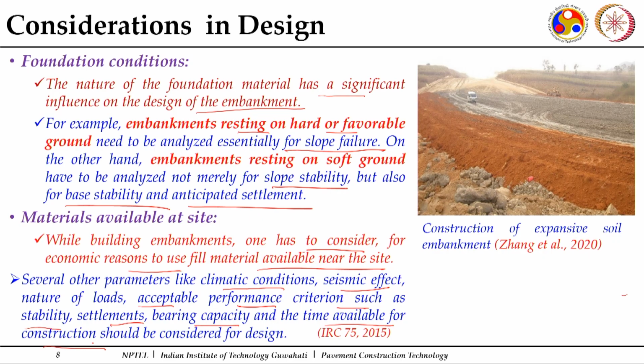Many times you don't get much time, because there are certain regions in India where it rains for around 6 to 7 months, so you have a very small period for construction. All these things, including what type of material can be used, need to be taken care of. That is how IRC 75 gives information especially for these specific challenges.